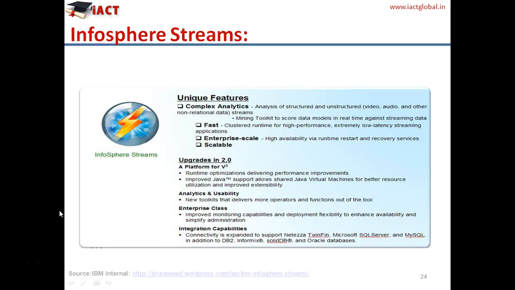It is enterprise scalable, with high availability and runtime start and recovery services. We can add as many nodes as we want. Here are a few of the upgrades included in version 2.0. We can go through it. Platform, analytics, usability, enterprise class, integration with all these things.